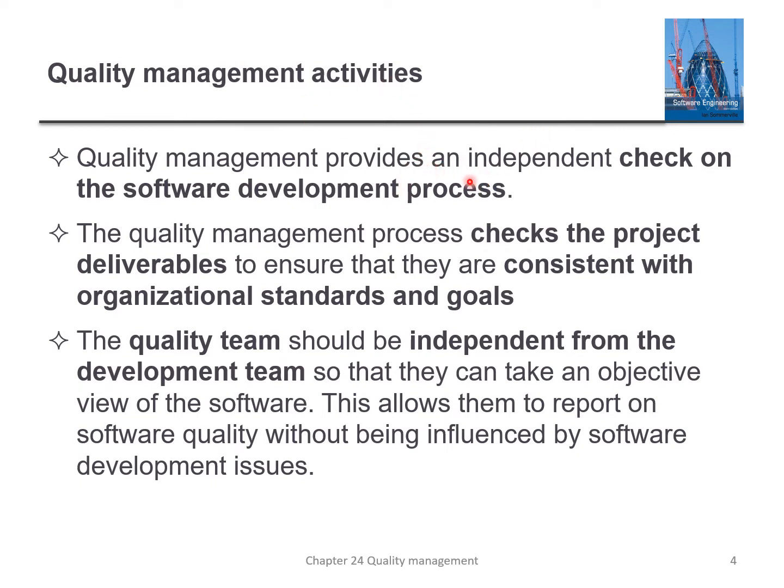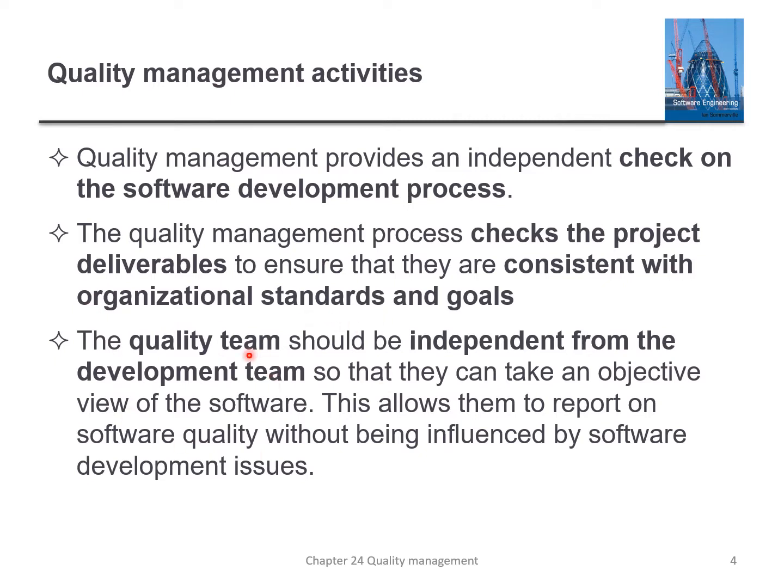You are going to check to ensure that the software development processes that have been planned are being followed. We are going to check whether the deliverables, the output that is being produced, is consistent with the organizational standard. Certain organizations have their own standard. So is the output produced following the organizational standards and the goal being set?